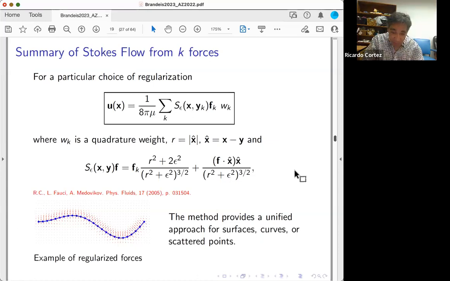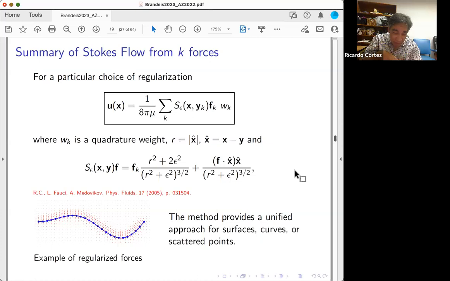So in other words, it's not just a numerical parameter that you want to take to 0. In particular, if you're modeling a flagellum by a curve, taking epsilon to 0 is not going to converge to anything. You would have to do something different.